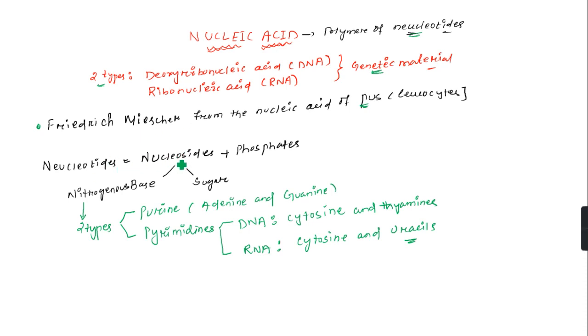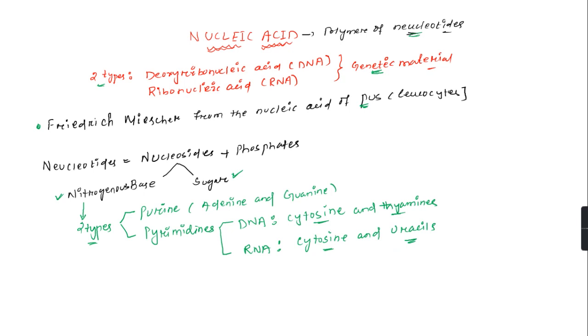Nucleotides are composed of nucleosides and phosphates. Nucleosides are again divided into nitrogenous bases and sugars. Nitrogenous bases are of two types, purines and pyrimidines. For purines, adenine and guanine are common to both DNA and RNA, but the pyrimidines differ: for DNA, cytosine and thymine, and for RNA, cytosine and uracil.